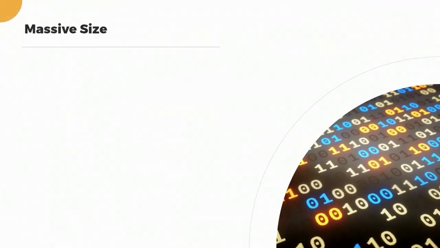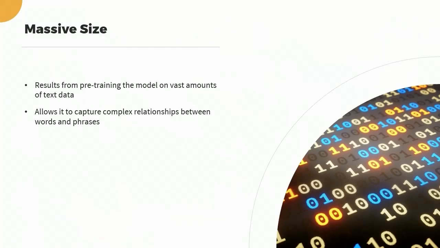Its size makes ChatGPT a large language model in the truest sense, one of the largest currently available. Its size is a result of pre-training the model on vast amounts of text data, which allowed it to learn patterns and relationships between words and phrases that are difficult to capture with smaller models. ChatGPT has been pre-trained on data from various sources, like books, articles, and websites.